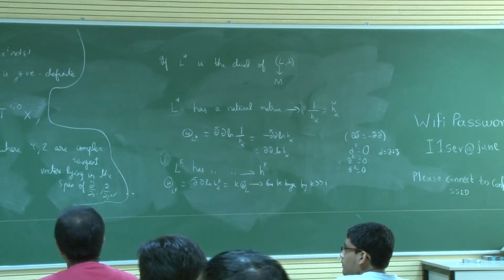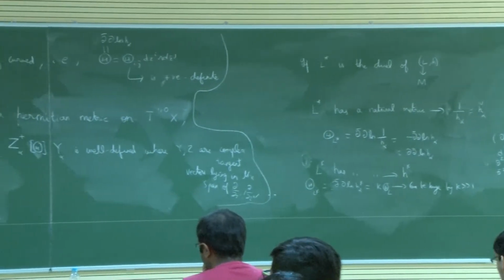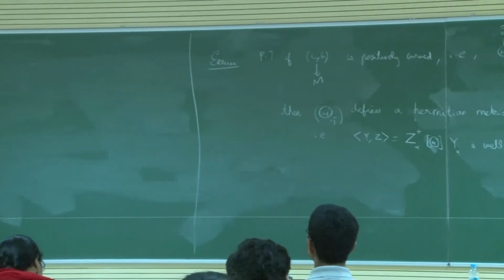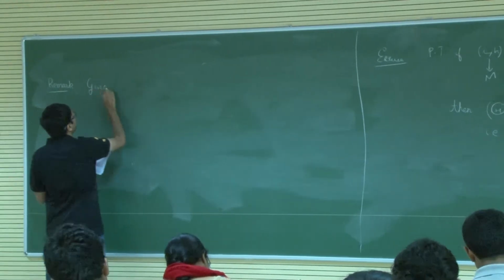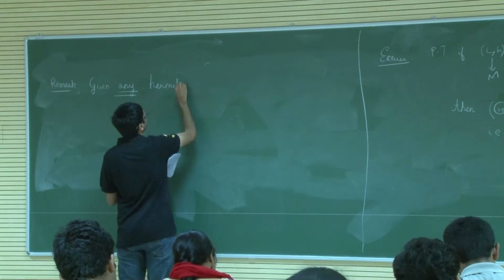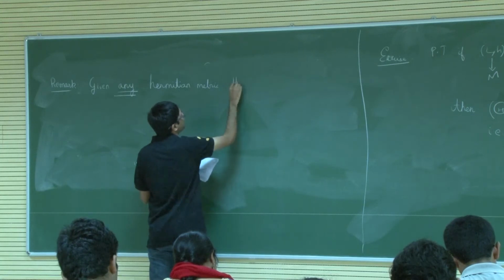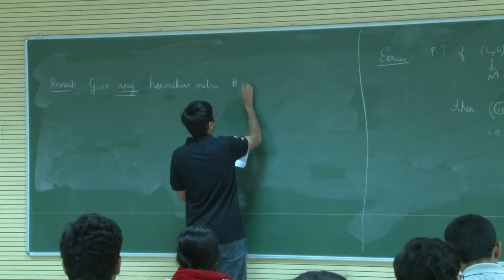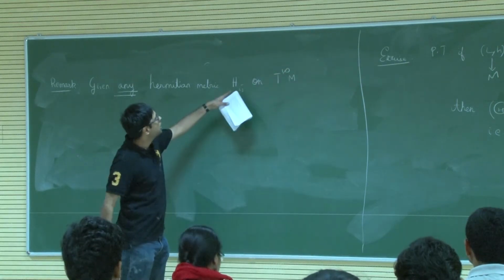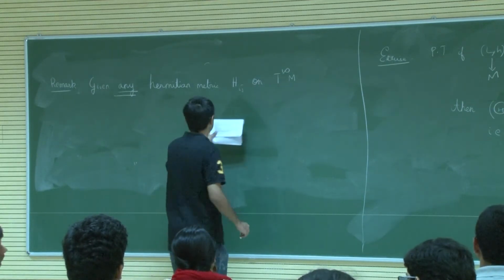Okay, so here's a remark. While I'm saying it's a remark, it's actually an extremely important point. Given any Hermitian metric, let me call it capital H, on the holomorphic tangent bundle, I'm calling it capital H just to tell you that it's a metric on the tangent bundle, not on a line bundle.